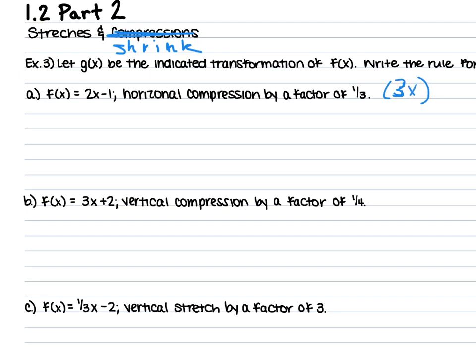So we change our fraction to a whole number. So we're going to take this 3x and plug it in to our x in our equation. So we have 2 times 3x minus 1.